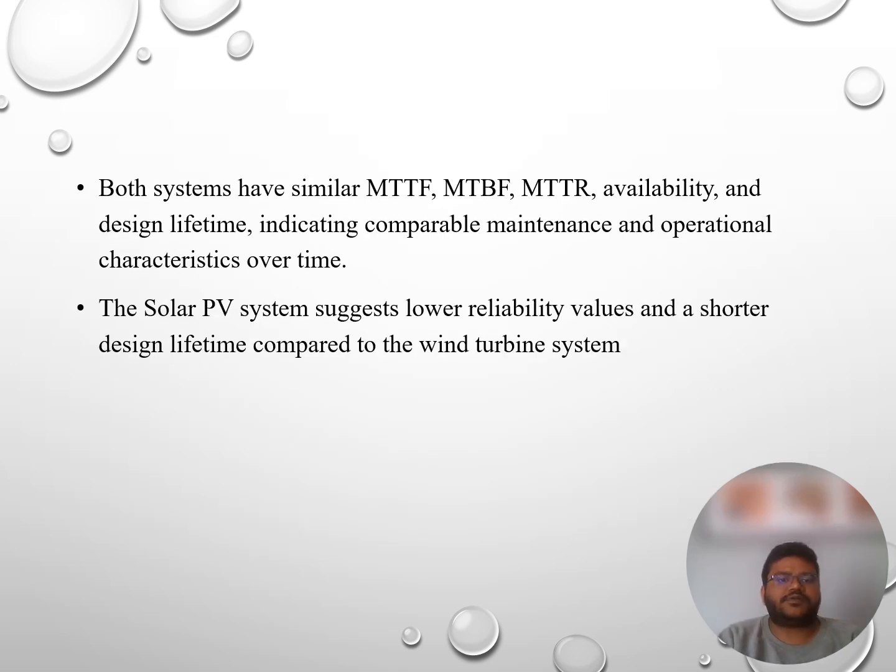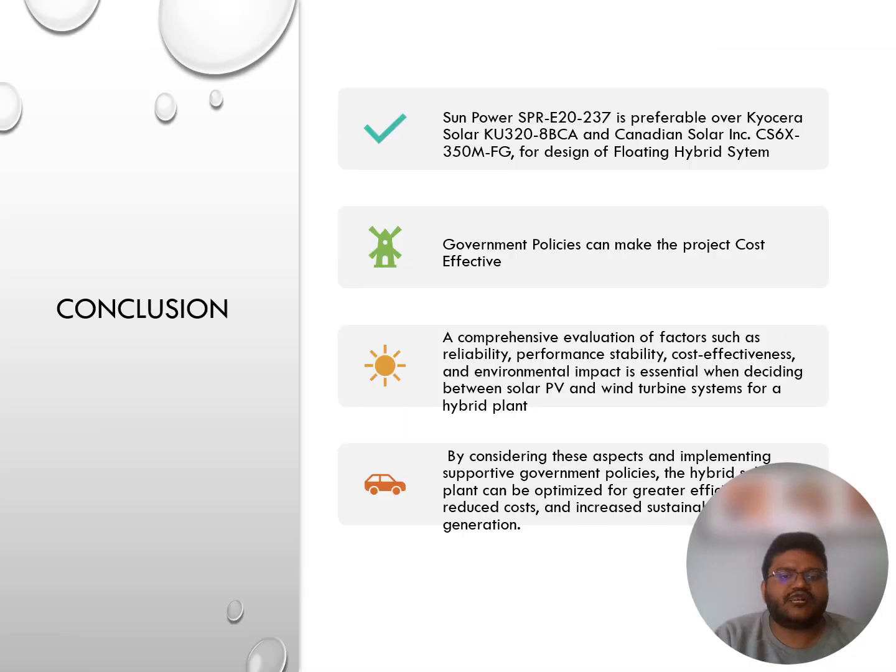To wrap up the discussion, we have seen that solar has lower reliability compared to the wind turbine, and we end this presentation with the conclusion that SunPower is the best compared to other models. Government policies must be brought into the limelight to make the project economically feasible. However, things like reliability analysis, performance, stability, cost effectiveness, and environmental impact are most important when considering such a renewable project.